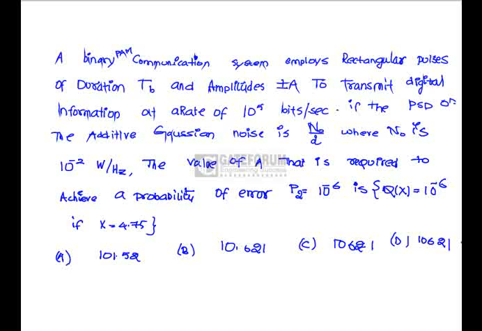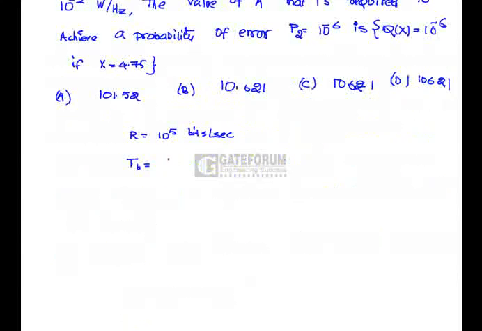Here, since the rate of transmission R equals 10 power 5 bits per second, the bit duration TB equals 1 by R, which equals 10 power minus 5 seconds.